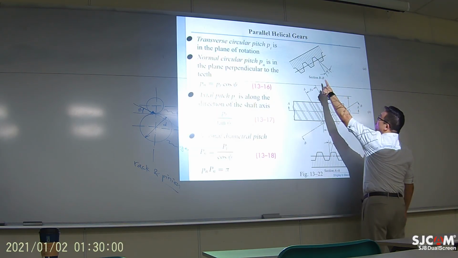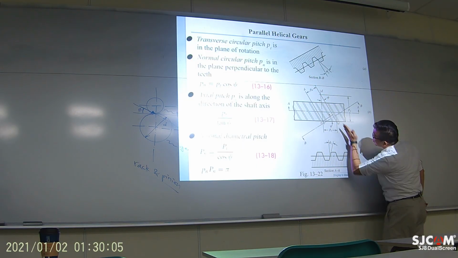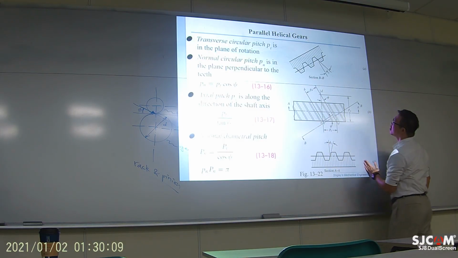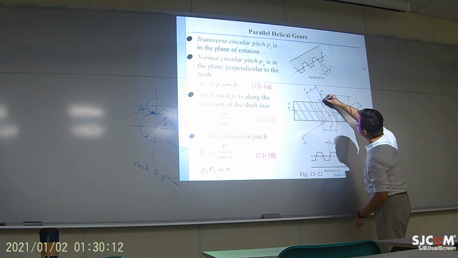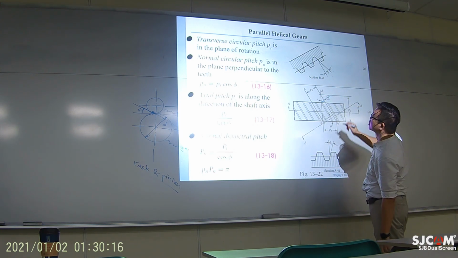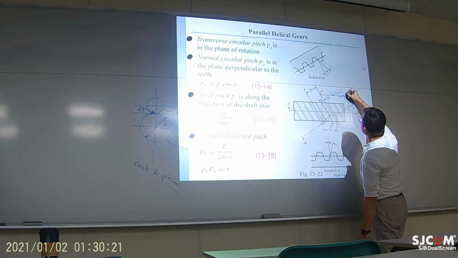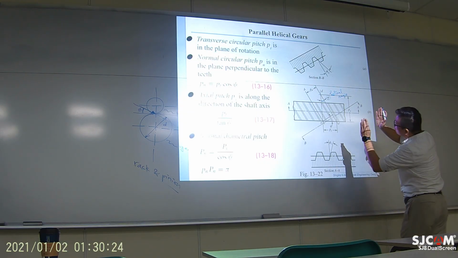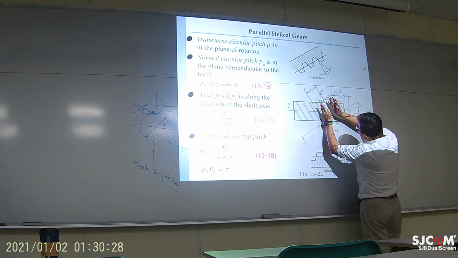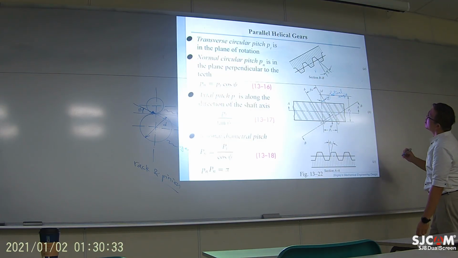So section BB is like when you are observing the tooth profile along this helical angle. Right here, this is the helical angle. When you observe the tooth along this direction from the side, you will see this section BB.